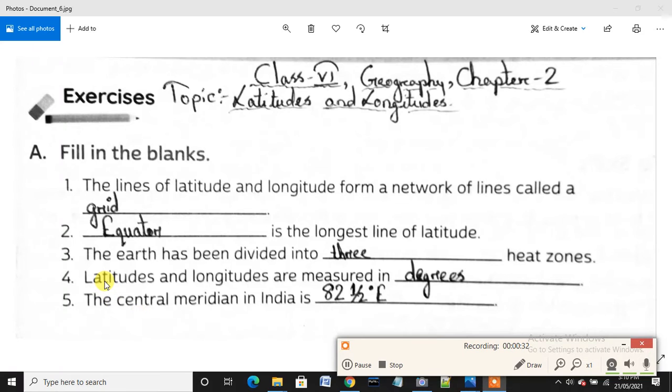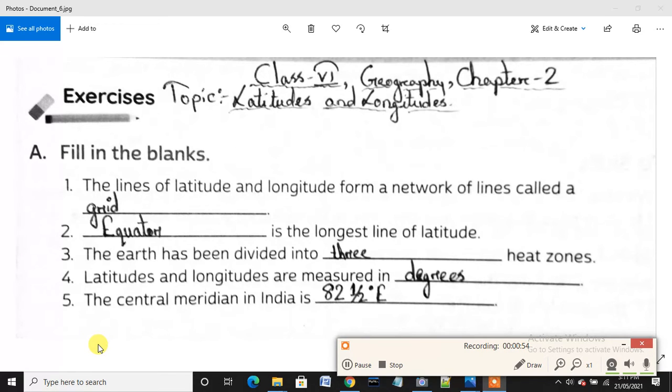So you can see here the big number A. Fill in the blanks. Number one, the lines of latitude and longitude form a network of lines called a grid. G-R-I-D, grid. Number two, the equator is the longest line of latitude.